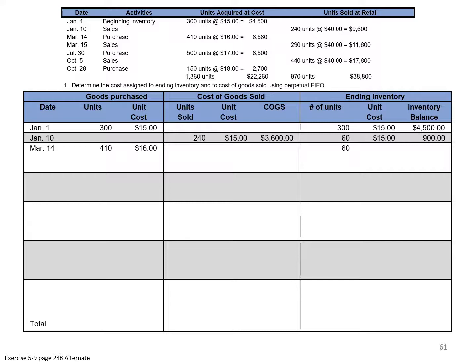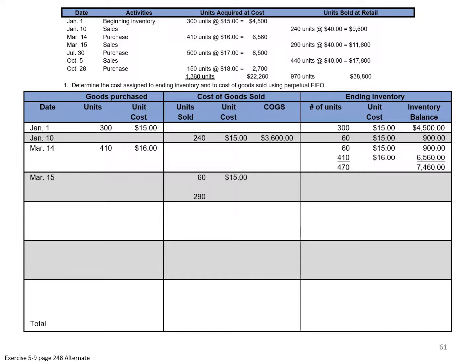So now in our ending inventory, we have 60 units at 15 plus our 410 units at 16 for a total of 470 units at $7,460 total cost. Then on March 15th, we sold 290 units. We are under FIFO, so we are selling our first units first.